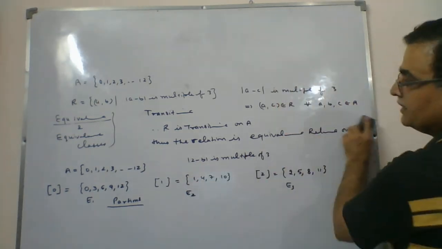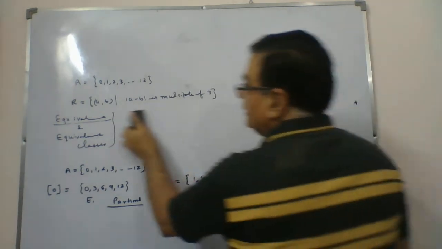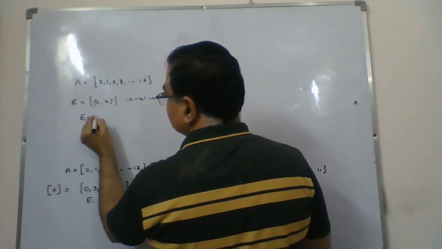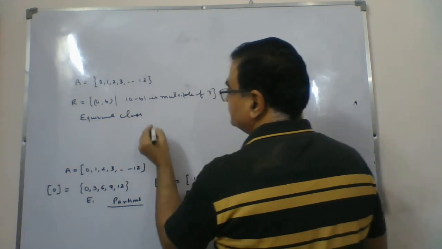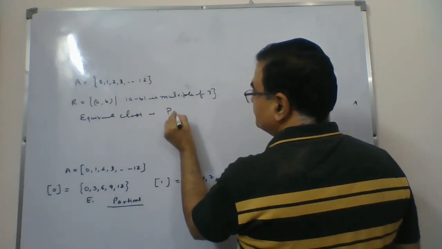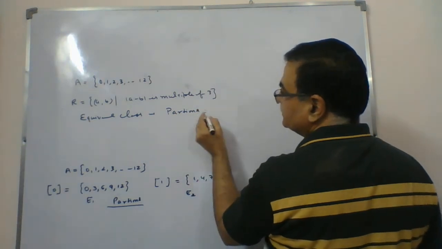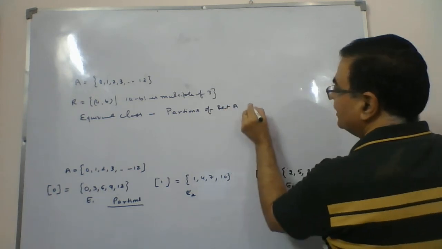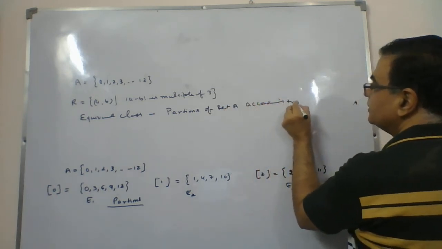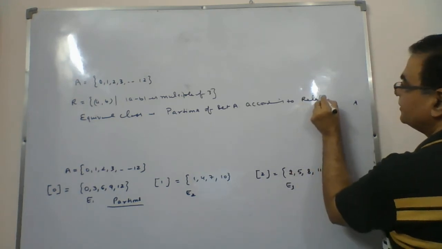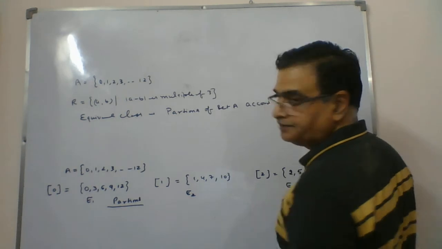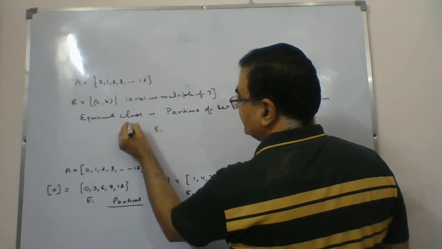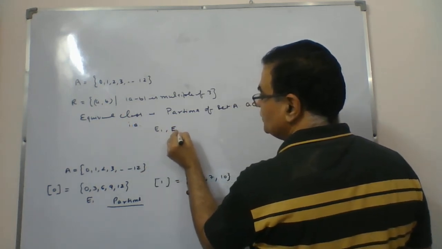So what is an equivalence class? Now we should know that. Equivalence classes are partitions of set A according to the relation, that is E1, E2 till En.